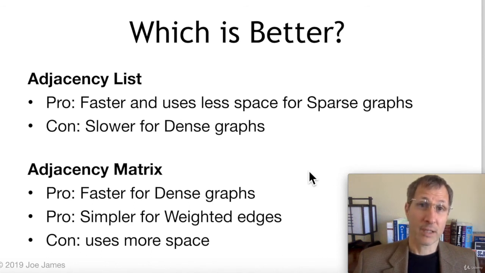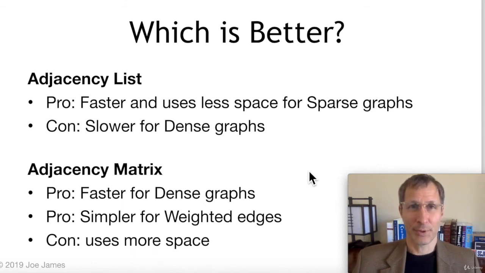It's also simpler for weighted edges. It's very easy to implement weighted edges. But the con is that it uses a lot of space. So as the number of vertices grows, the amount of space required for the adjacency matrix grows by a factor of v squared. Next, we're going to learn how to implement each of these methods in Python.